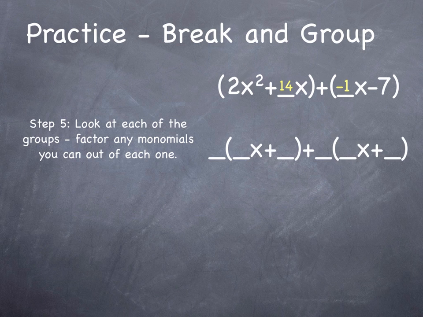When I do that, I get 2x outside the parentheses because that's what I factored out. What that leaves behind inside the parentheses is 1x plus 7. Now I look at the second group, and I can factor a -1 out of both of those terms. What that leaves behind inside the parentheses is positive x and positive 7.